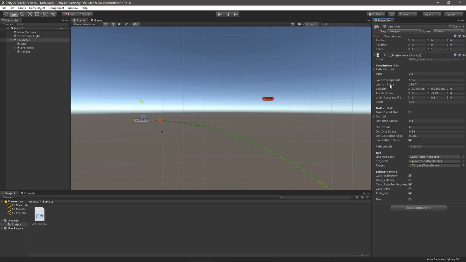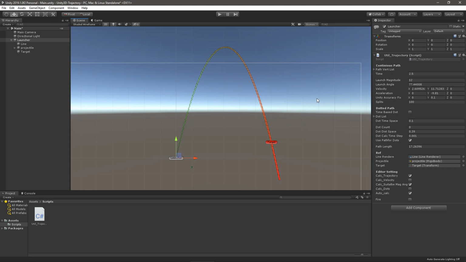And now if we are increasing the magnitude, we are changing the angle accordingly. So at the magnitude of 12, we can hit our target if we launch it at the 77.44 degree angle.